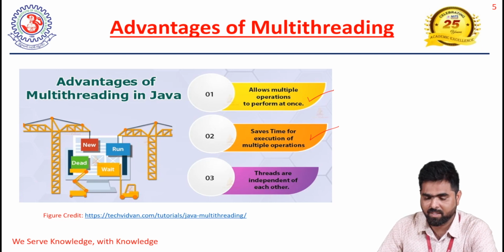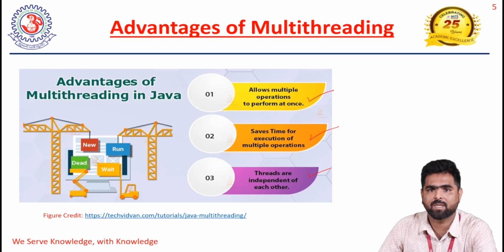And the third one is, as we discussed earlier, even though all the threads share the common memory, they execute independently. That's why you can say all the threads are independent of each other. The advantage from this is, as we discussed, even if any thread is blocked because of lack of resources or any other parameters, it won't affect the other thread executions.